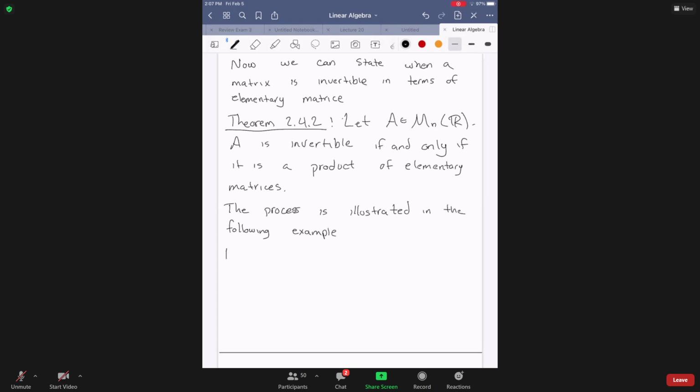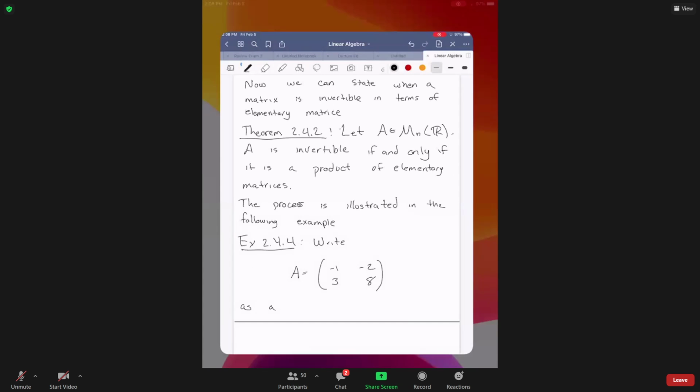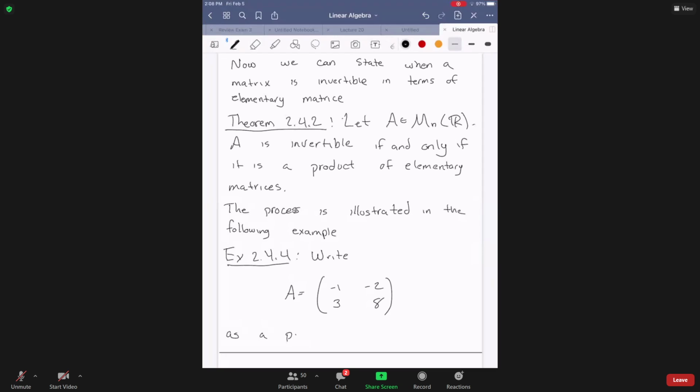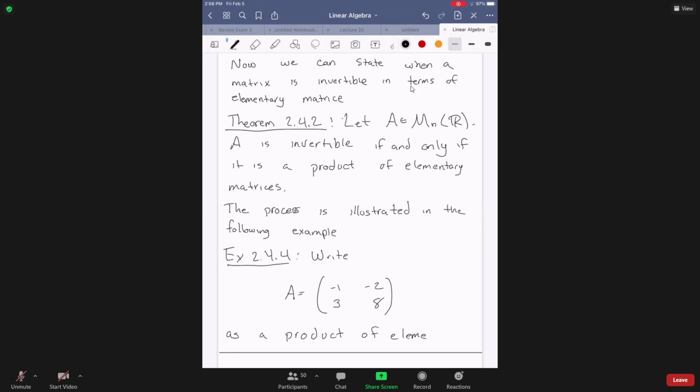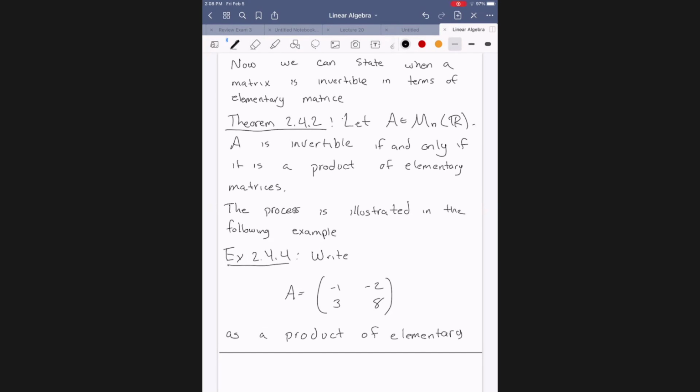Okay, so let's take Example 2.2. Express A equals -1, -2, 3, 8 as a product of elementary matrices.